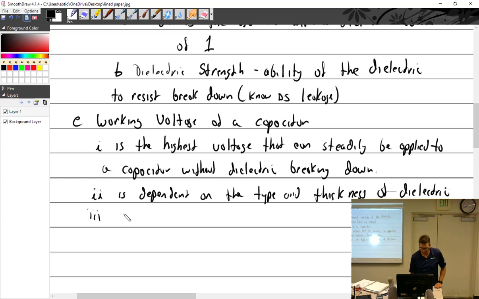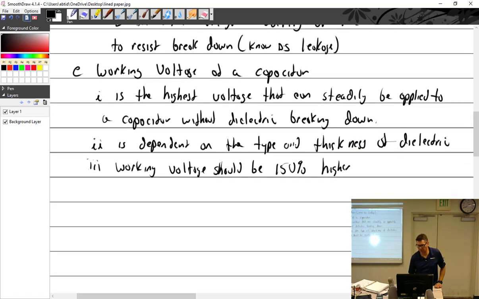The working voltage should be 150% higher than the highest voltage applied.